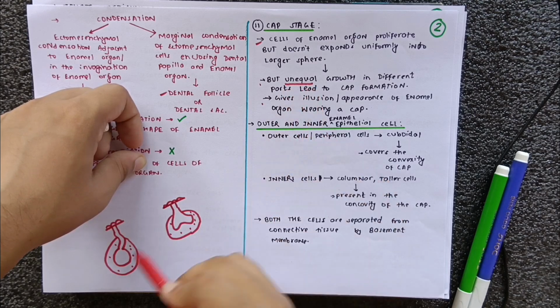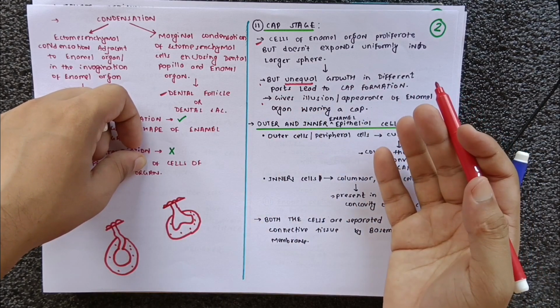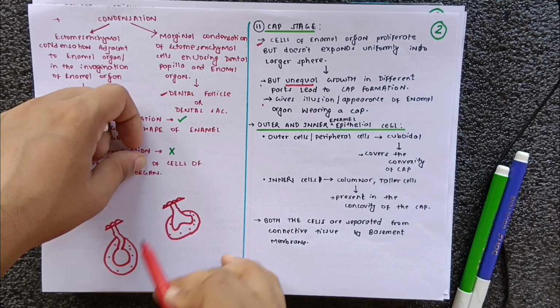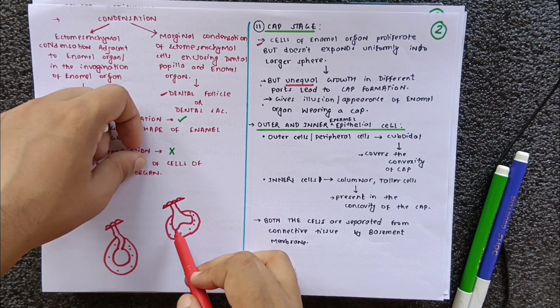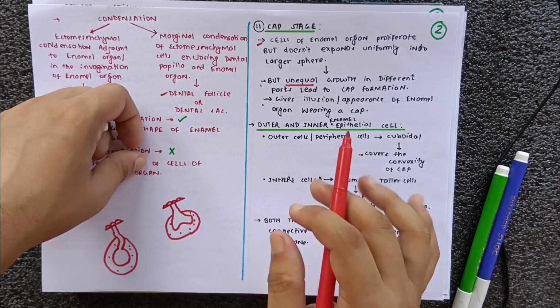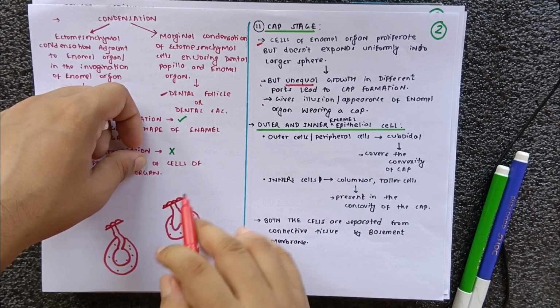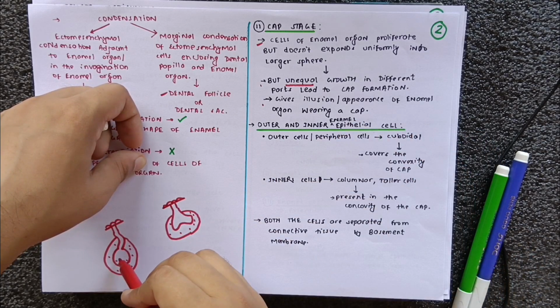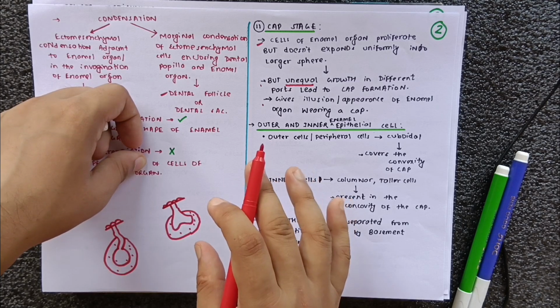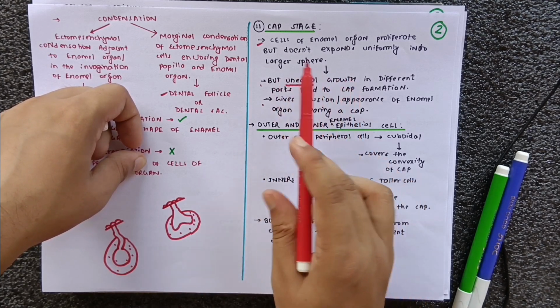If there was growth of this bud stage, then there would be a larger sphere. But there is not a larger sphere; there is just a structure that is similar to a cap. It means that some structures are growing at a higher pace, but some structures are growing at a lower pace, so that it forms the cap stage.